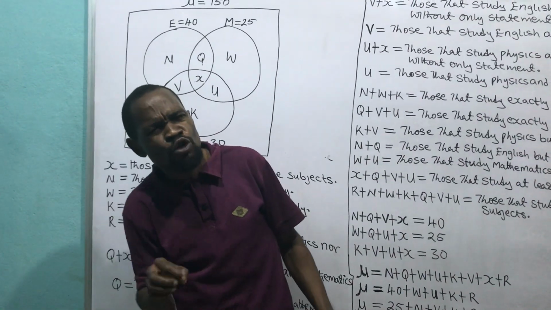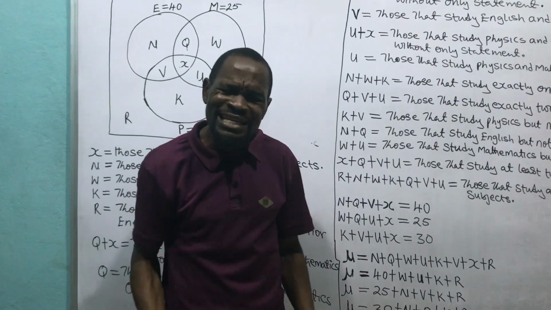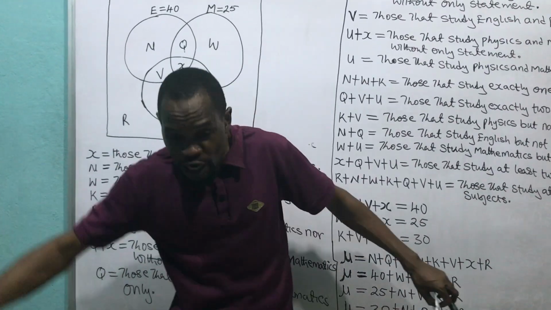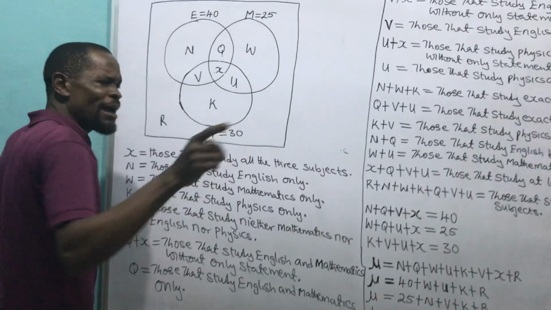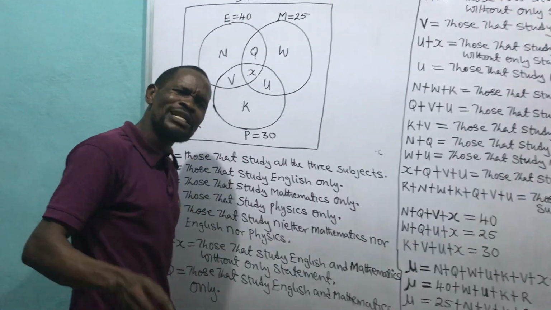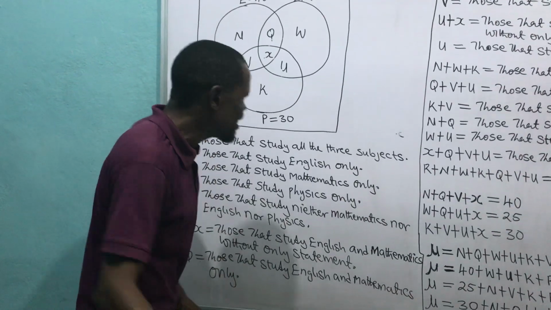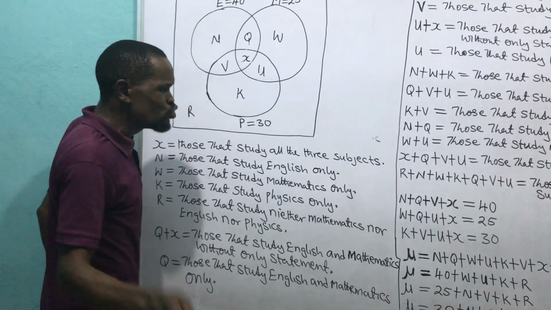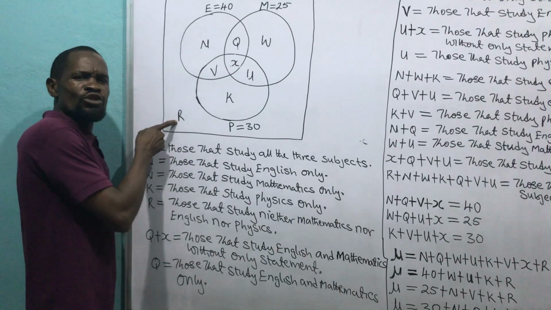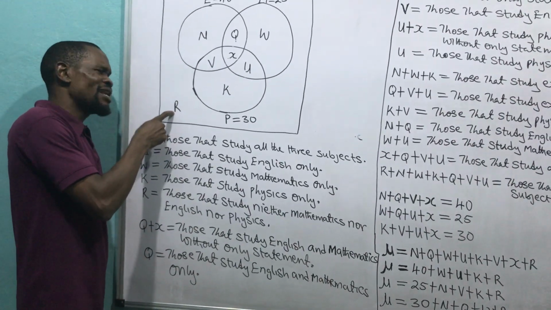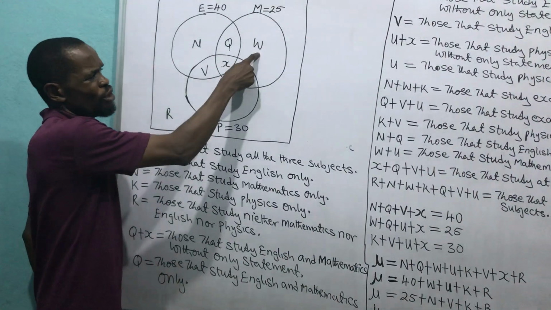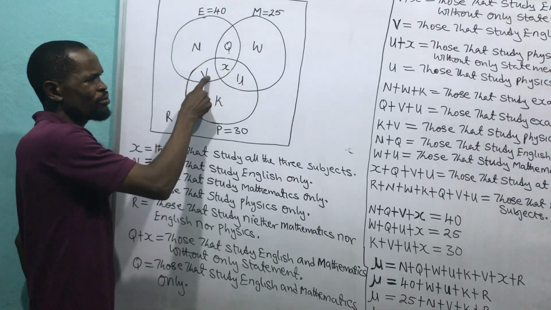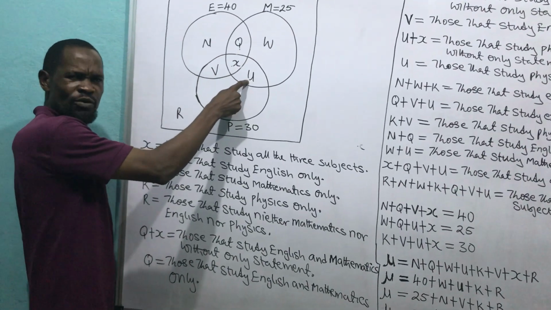At most I'm going to score what? 40. Meaning that I'm expecting 0, that means from 0 to 40. So now, if I'm asked to calculate those that study at most 2 subjects, students, those people that don't study any subject, look at them, R, plus K, plus N, plus W, plus Q, plus V, plus U. I think you're getting what I'm talking about.